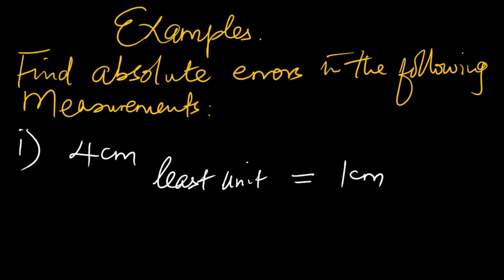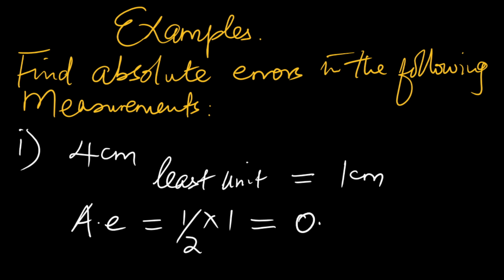So we take a half times the least unit of measurement, which is 1, and the absolute error in 4 centimeters is 0.5.